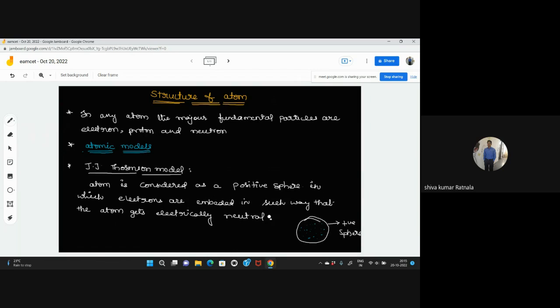This Thomson model is also called the plum pudding model, or watermelon model.